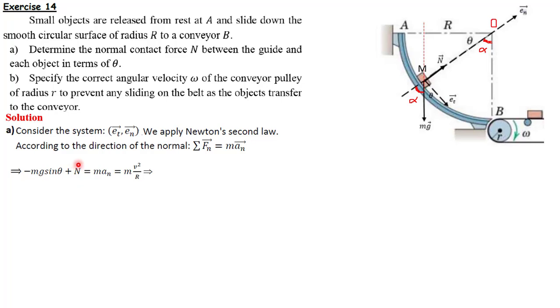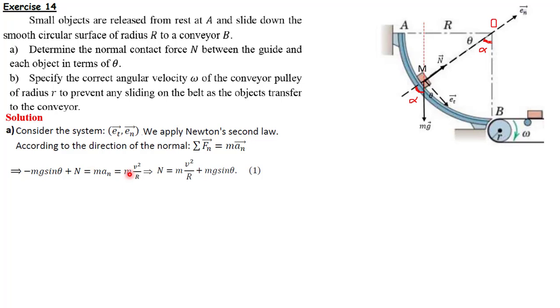Now we need to project the normal reaction vector on the normal unit vector, it's plus N, equal m times the normal acceleration, where the normal acceleration is equal to v squared over r. We need to find what is the normal reaction.